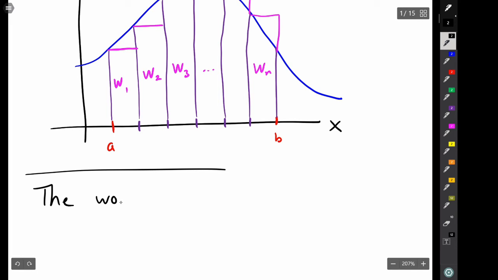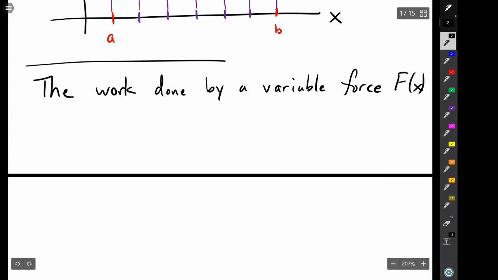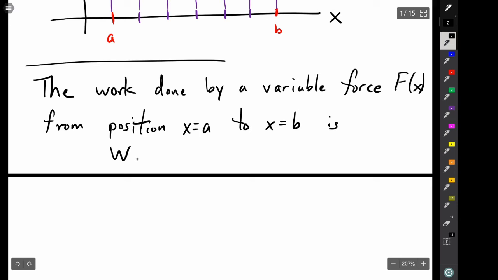The work done by a variable force f of x from position x equals a to x equals b is given by work equals the integral from a to b of f of x dx.